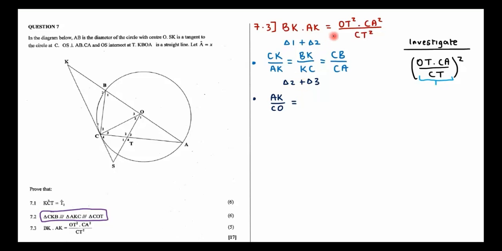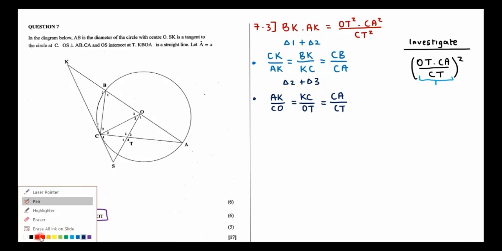And then KC, do I have KC here? Yes, I have KC on the second part, over OT. OT is there, so that is fine. Equals to AC. I don't have AC, but I have CA. So I'm going to write it as CA over CT. All right, so I have CT there.